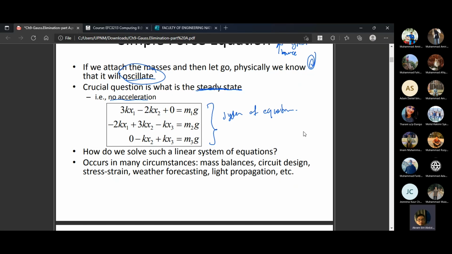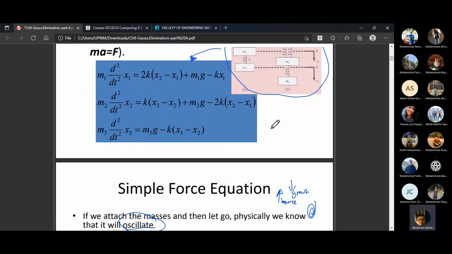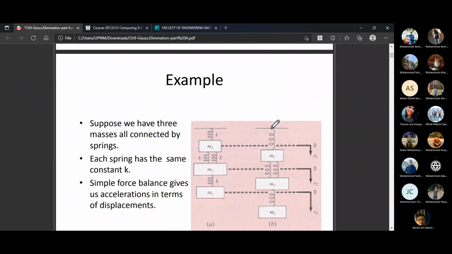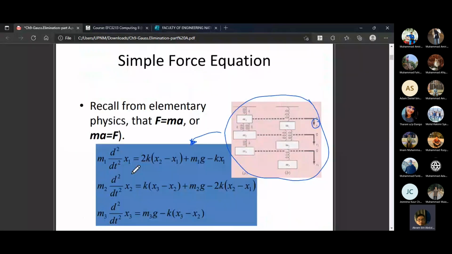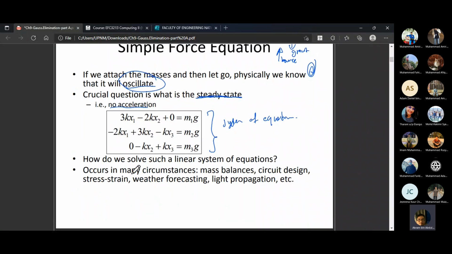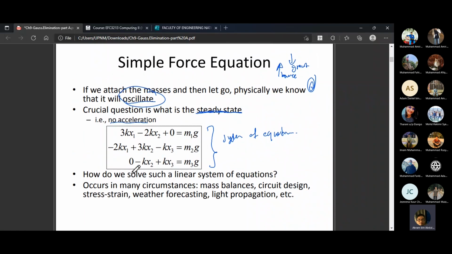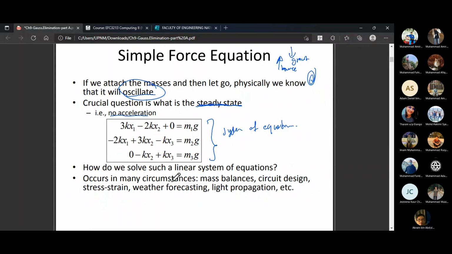The k is given, because k represents the spring constant, so it is a fixed value. How can we find the values of x1, x2, and x3 if we have certain masses m1, m2, and m3? How can we solve such linear equations?